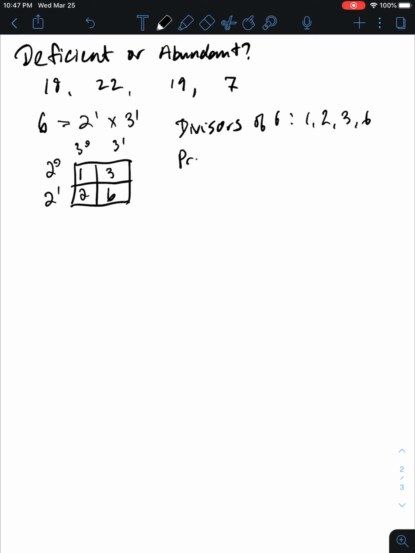The proper divisors of 6 are 1, 2, and 3. And miracle of miracles, when I take 1 plus 2 plus 3, I add those together, I get 6 back again. So 6 is neither deficient nor abundant.